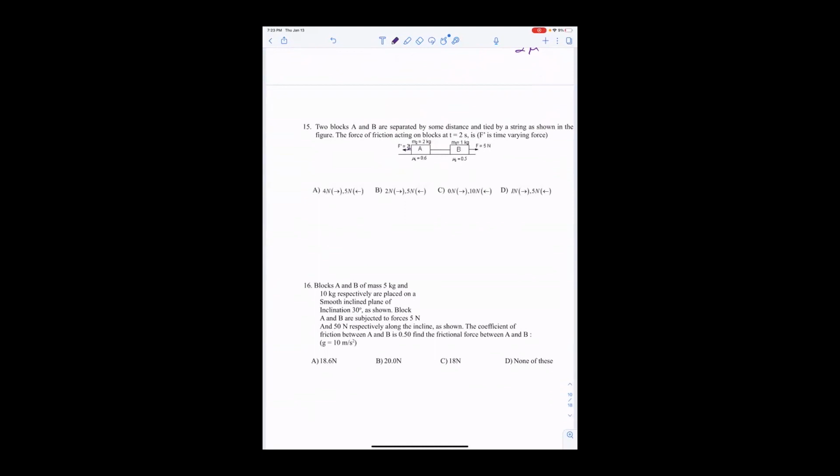We'll solve it at the end. So initially 2t is 0. And what is the frictional force here? Okay, let us solve then. This is 1 kg. This is 2 kg. This is F dash, which is 2t. This is F, which is 5t.